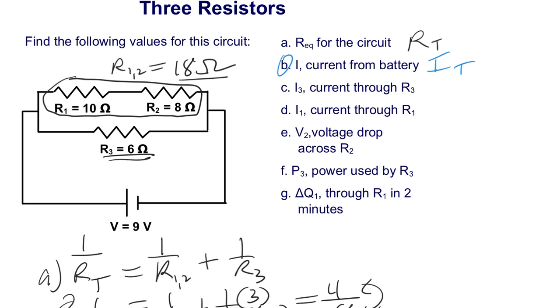Next, we're looking for the current running through R3, which we'll call I3. Okay, so I'm going to use Ohm's law again.